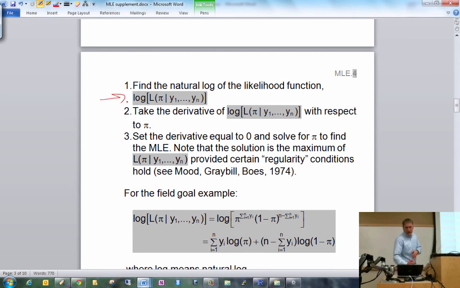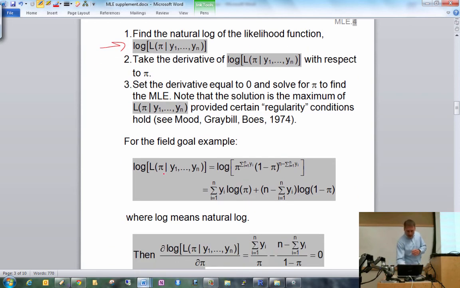First of all, while it's not necessary, it often makes things easier to find the natural log of the likelihood function. Why? If you substitute our likelihood function inside that log, you can start using properties of logarithms, such as the log of a raised to the b power is b times the log of a.